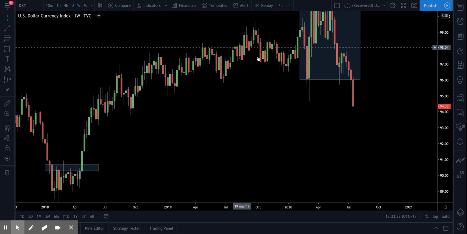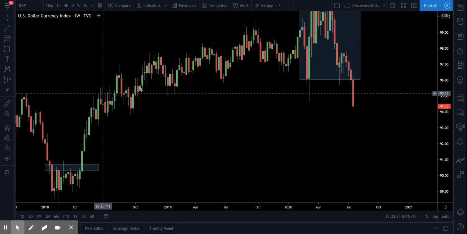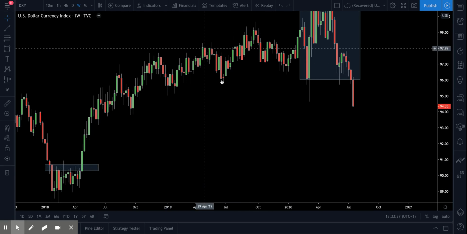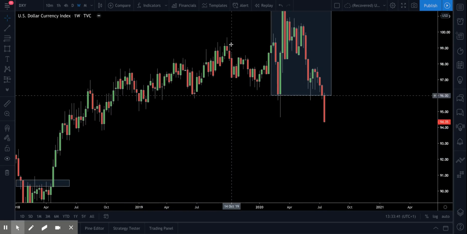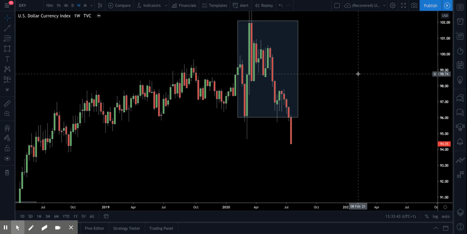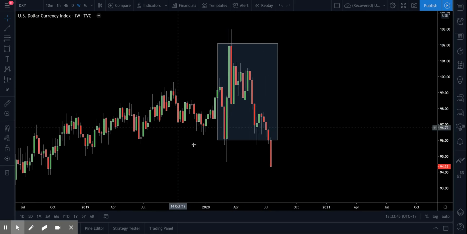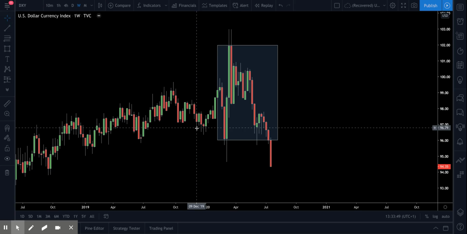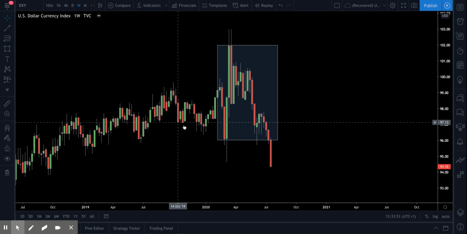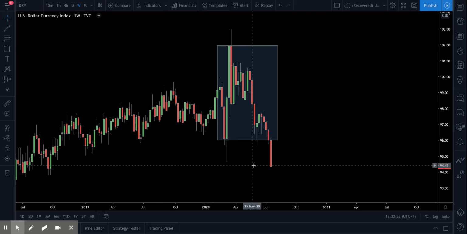So of course, using this to our advantage, we can gauge which way overall the dollar index is currently going. Now, for quite some time, we've been expecting a rollover, and this coronavirus pandemic has really caused that. The US, being one of the most, if not the most hard hit countries in the world, has taken some serious shock.